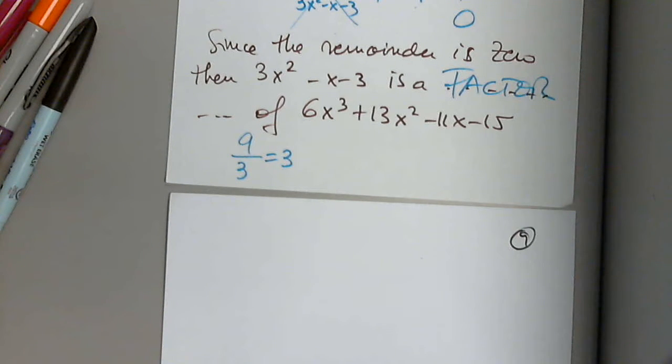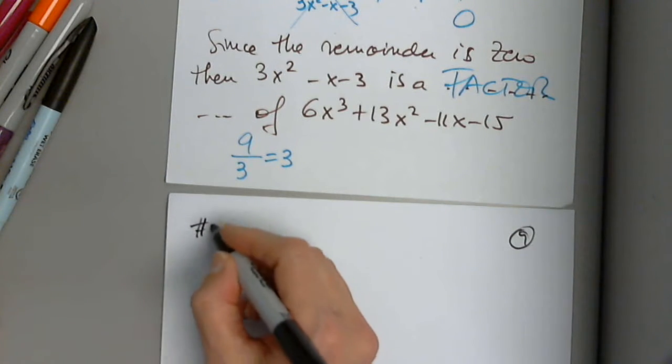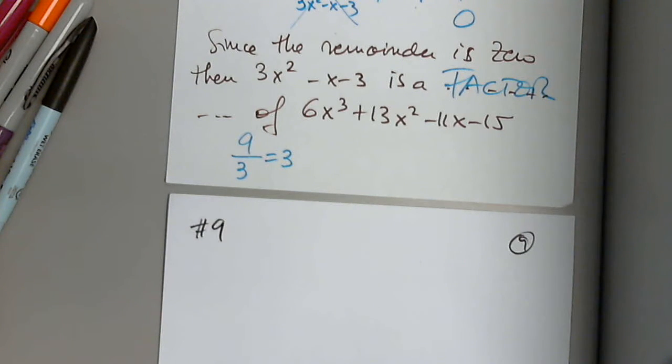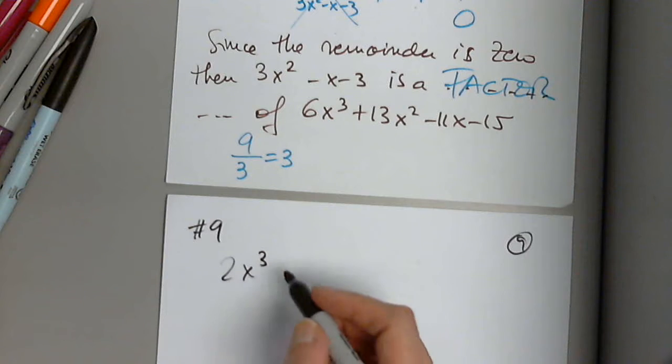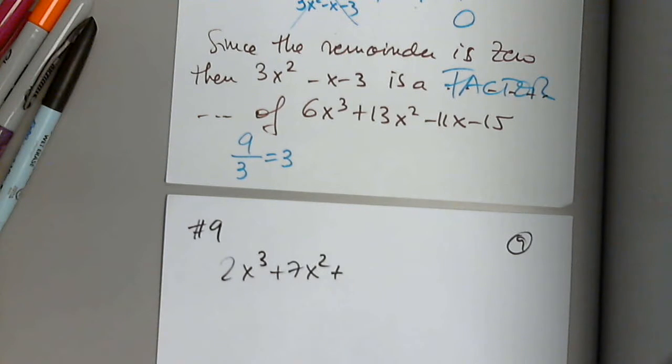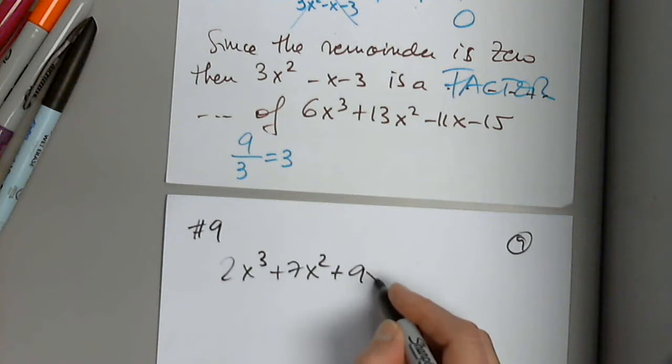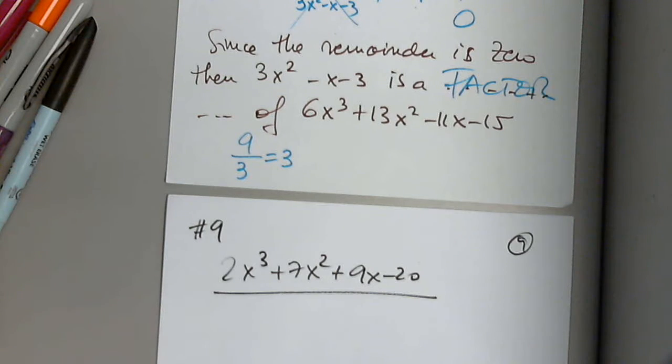Okay, so let's take a look at number 9. 2x cubed plus 7x squared plus 9x minus 20, everything divided by x plus 3.